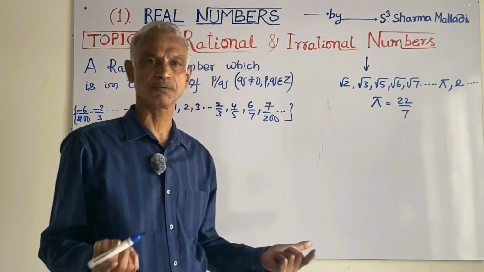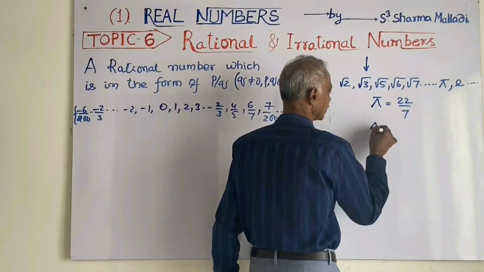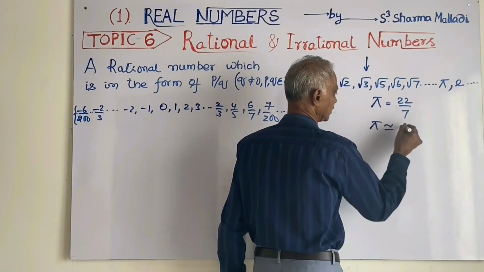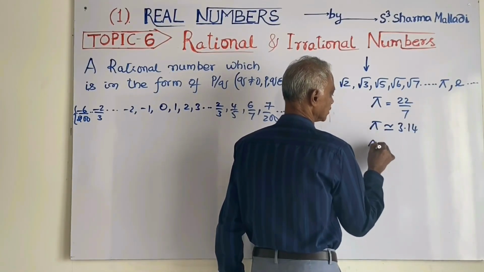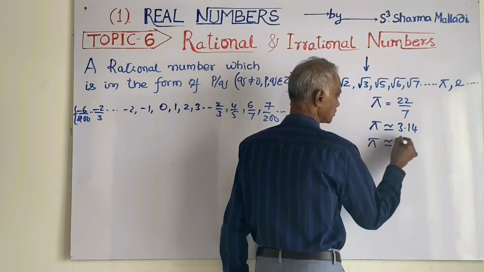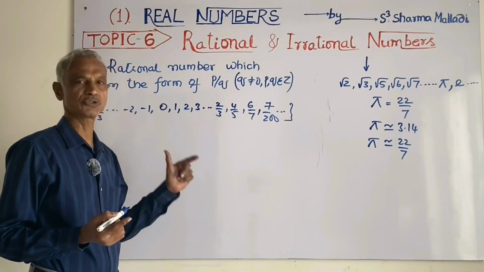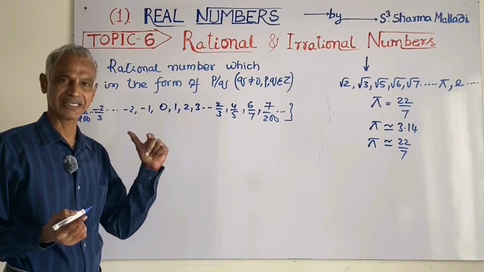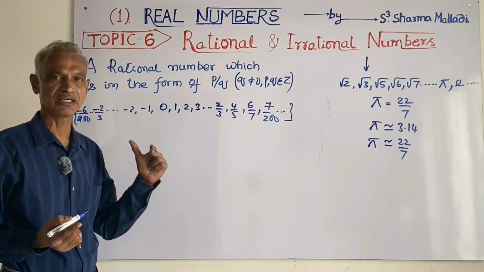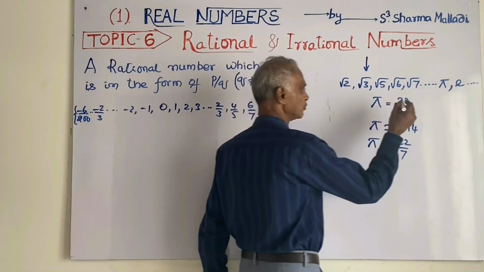It is not a rational number, it is an irrational number. Pi is approximately equal to 3.14, meaning pi is approximately equal to 22 by 7. That's why root 2, root 3, root 5, root 6, root 7, or pi, e, all these numbers are irrational numbers.